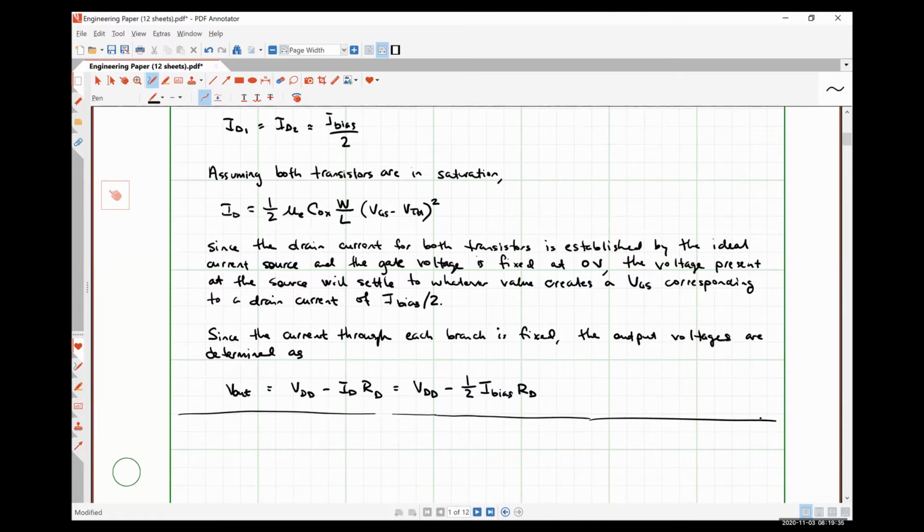So with our transistor operating in saturation, we should expect that the voltage present at our source should be approximately 0 volts minus our threshold voltage for our NMOS transistors plus VDS sat.